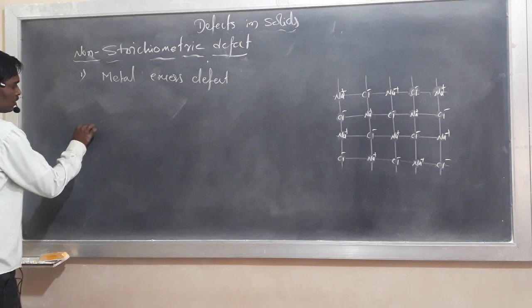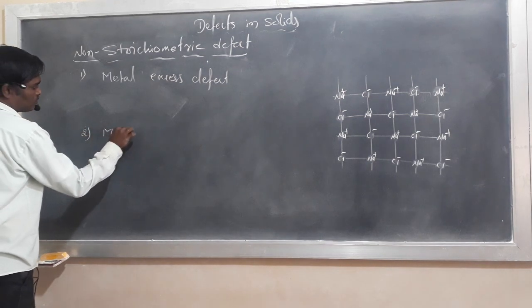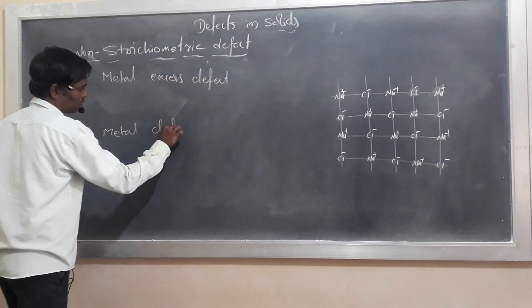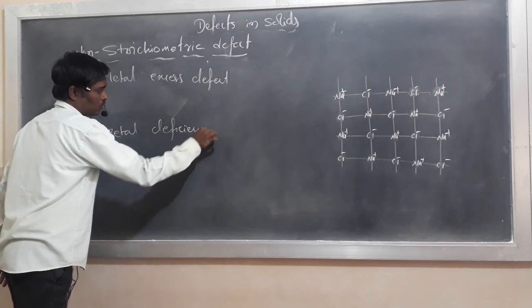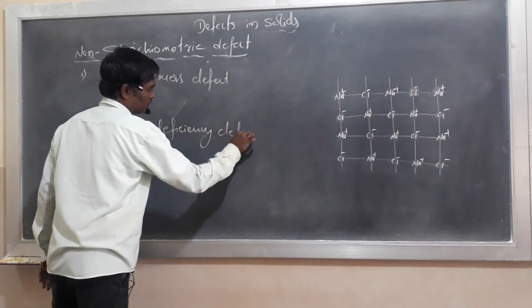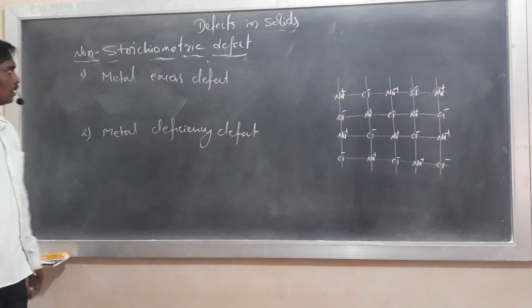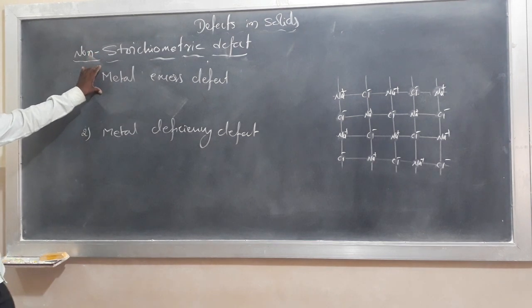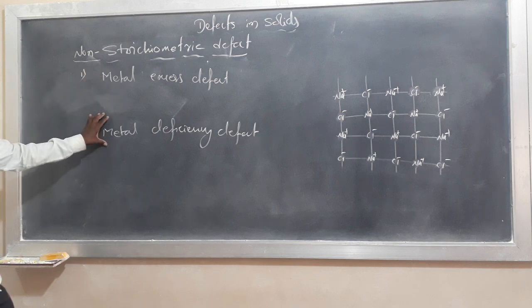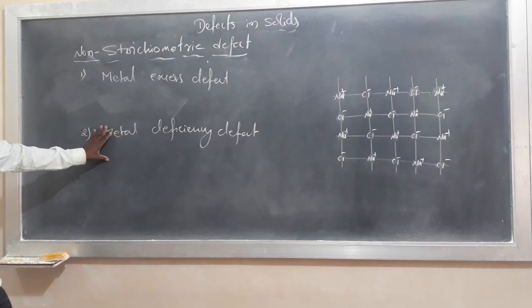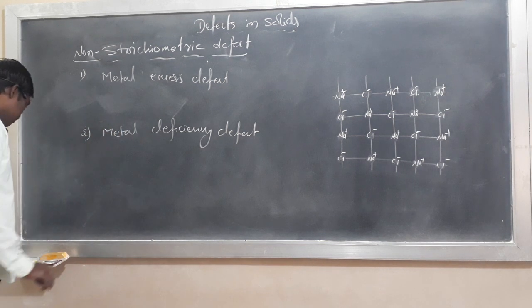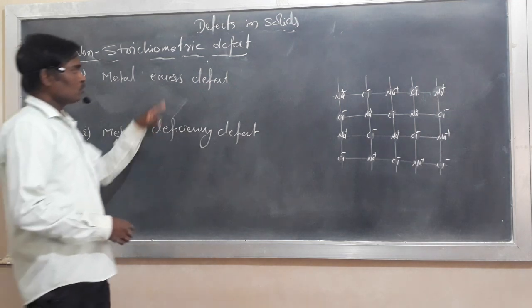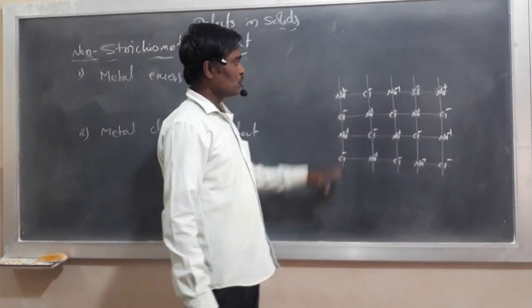In metal excess defects, the metal ions are more compared to the non-metal ions. In metal deficiency defects, the metal ions are less compared to the non-metals. Metal ions we normally represent with a positive charge, as metals are electropositive in nature.